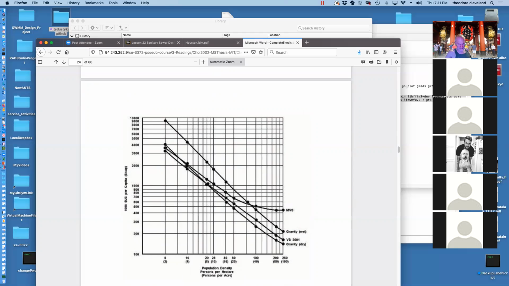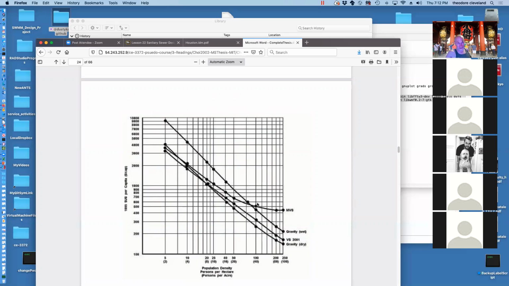This is an interesting chart that shows that as the population density increases, the cost per capita of any type of system decreases, and at high density, 100 people per hectare, which would be 40 people per acre.